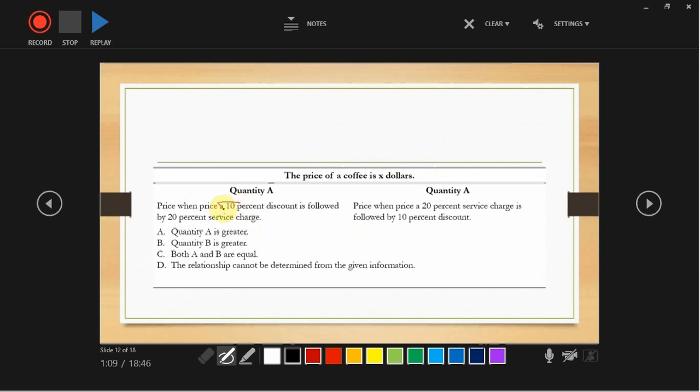So first 10% discount and then 20% service charge: 10% down, 20% up. Quantity B: 20% up, then 10% down. So the order does not matter, the results are the same. So the answer must be C.